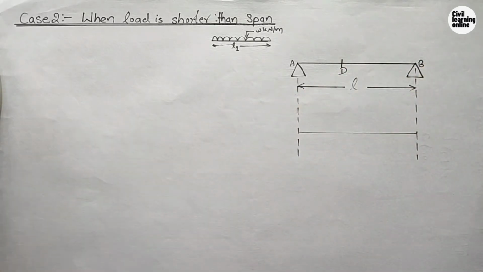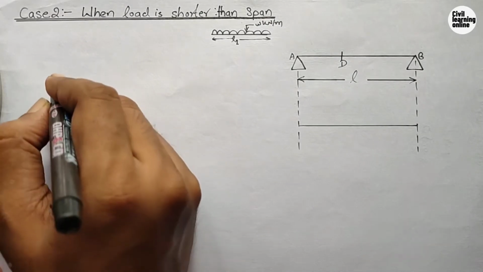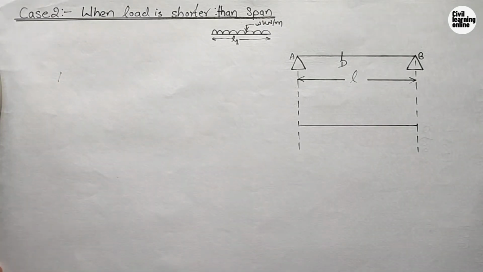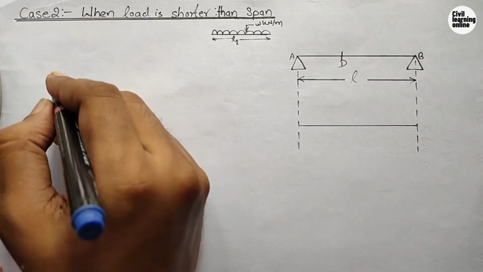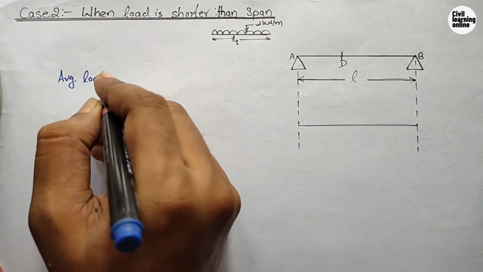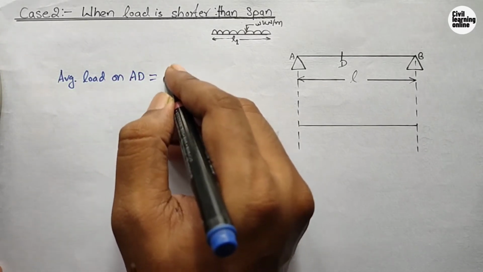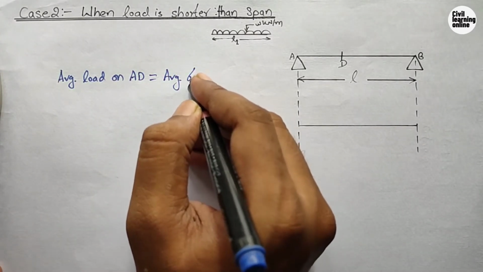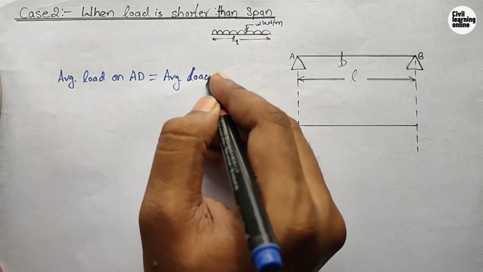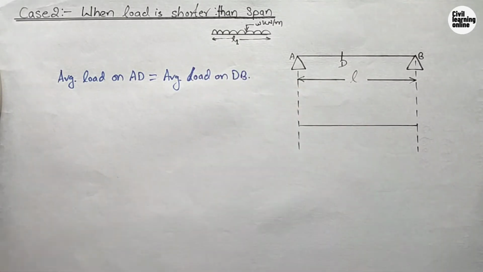Now see here. Now write a line here: average load on AD will be equal to average load on DB. And how we can do this?